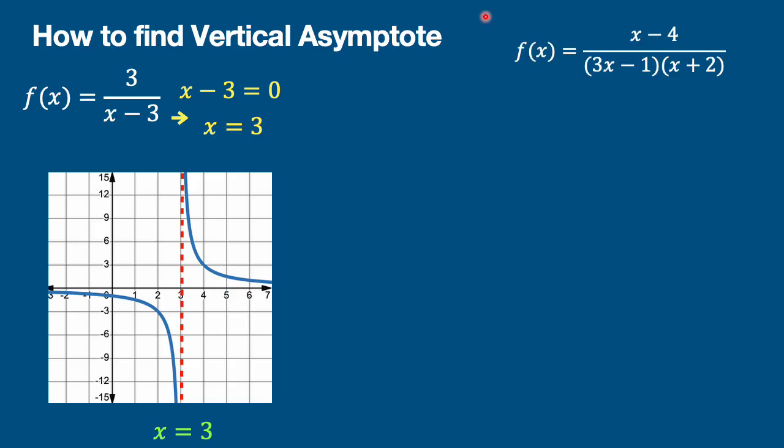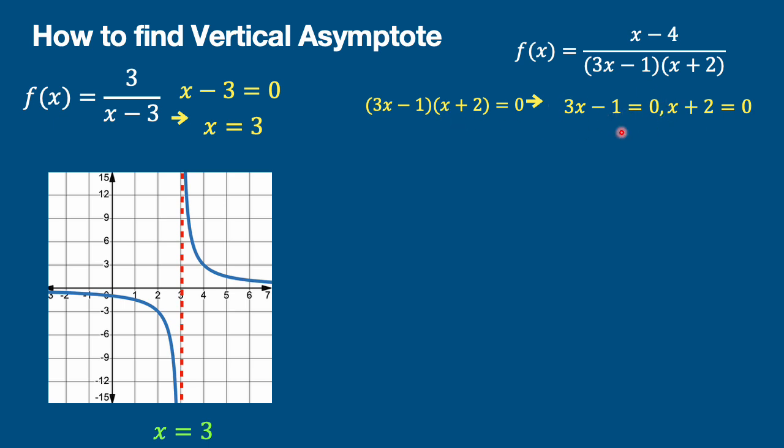Now I give you this function. If the denominator is not in factored form, you have to factor it first, but I'm going to give the factored form, guys. So with this denominator, how do we find the vertical asymptote lines? Think about finding the domain. Set the denominator to 0: 3x minus 1 times x plus 2 equals 0, which means 3x minus 1 equals 0 or x plus 2 equals 0.